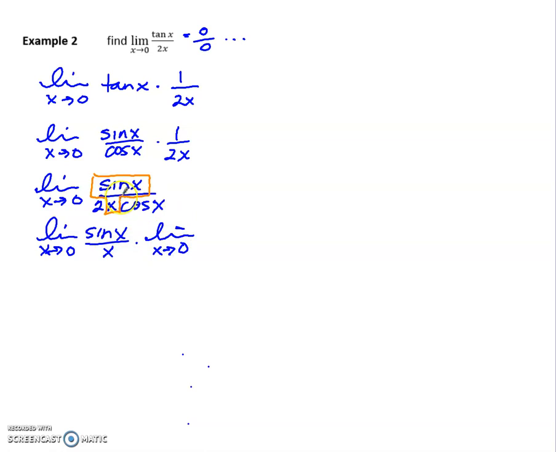This is because I can do that. That's a rule of limits. So then what's left over is 1 over 2 cos x. Make sure that you're okay with what I just did there. Okay, this part's 1, and this part, when I plug in a 0, careful, cos of 0 isn't 0, it's 1. So I really get times 1 over 2 times 1, or 1 over 2, so 1 half.